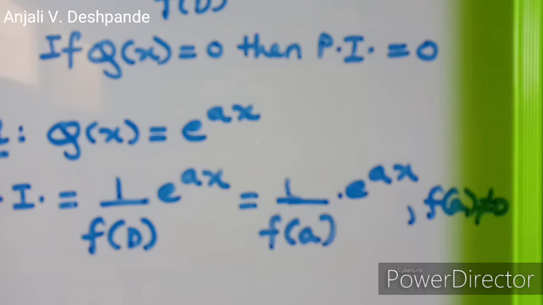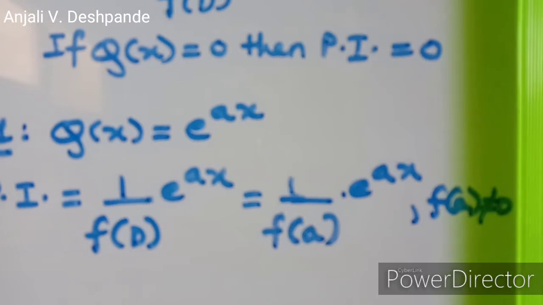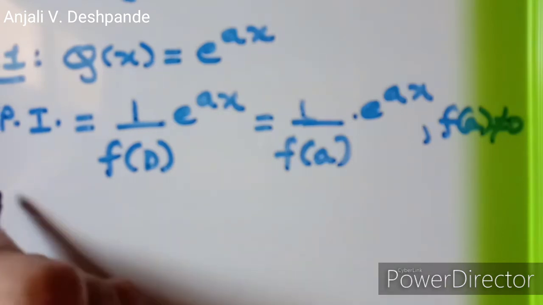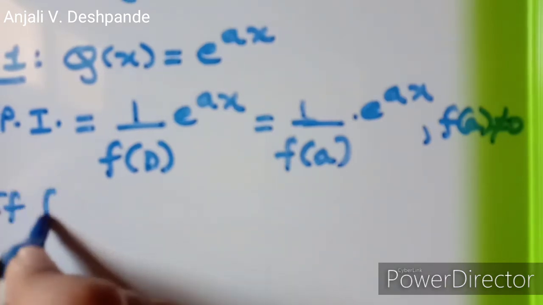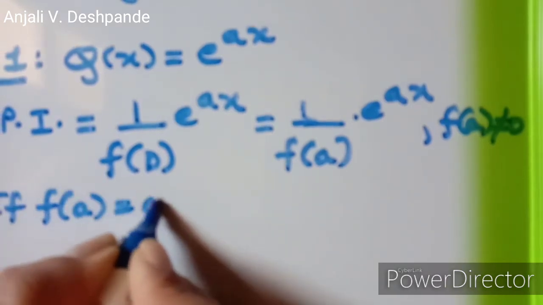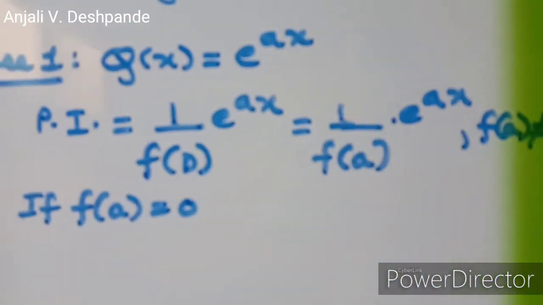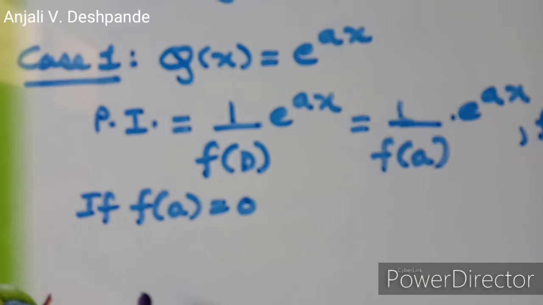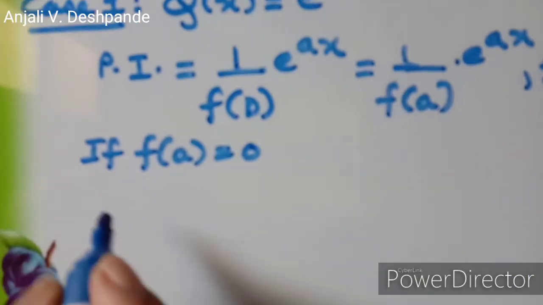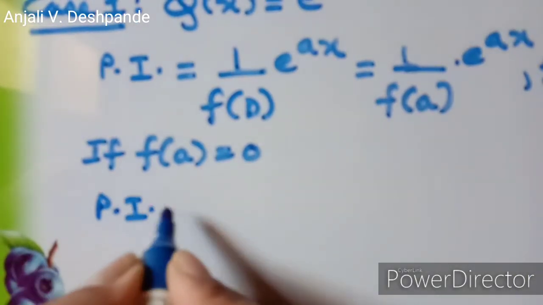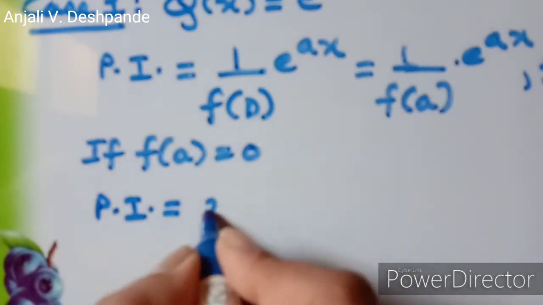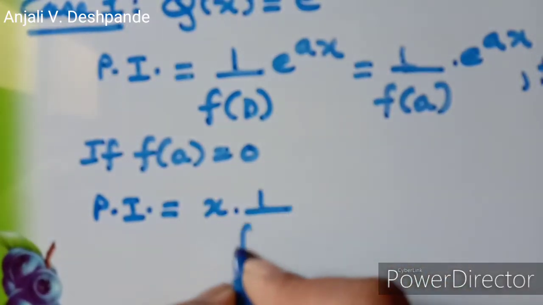Now supposing f(a) is equal to 0, then how to find out the PI? Suppose f(a) equals 0, that means this condition fails, then in that particular case, the PI is given by x into 1 upon f'(D) e^(ax).